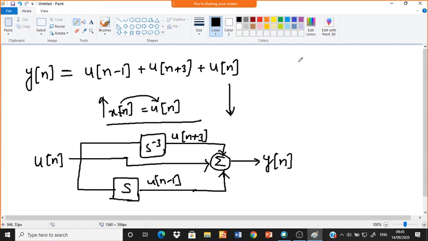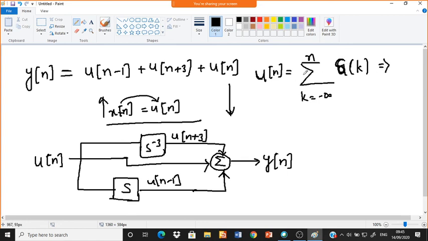Another important point: you can define the unit step function u of n in discrete time as the summation from k equal to minus infinity to n of del of k, which is given by u of n.